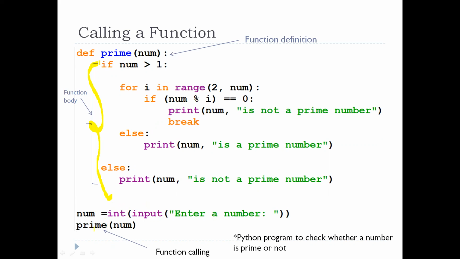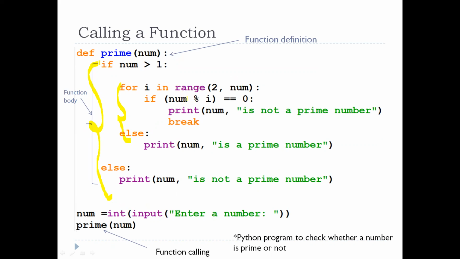Basically the logic is, if the number is greater than 1, we will check whether the number is prime or not. We check in the range from 2 to num minus 1. The range function works from the start up to the end minus 1.